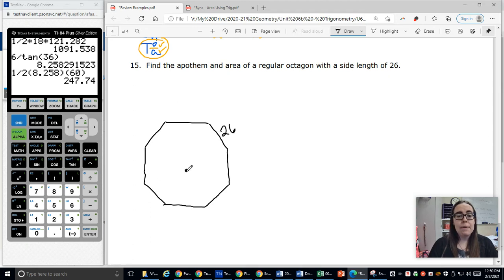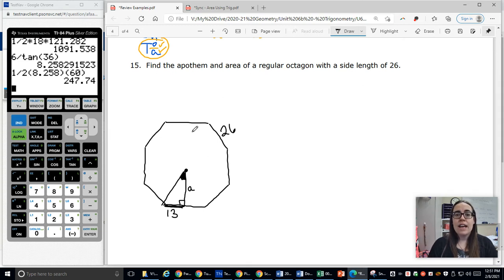I need my apothem in order to find my area, and that's going to divide my side into pieces, and this little piece here is just going to be 13. And I'm going to use that with the radius so that I can see my little right triangle, which means I need to know how big this angle up here is going to be.